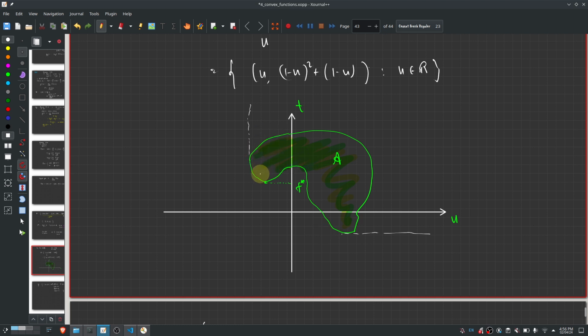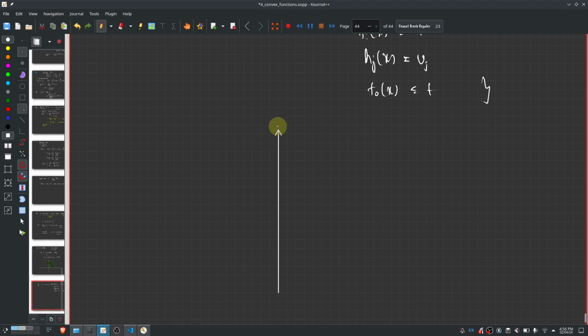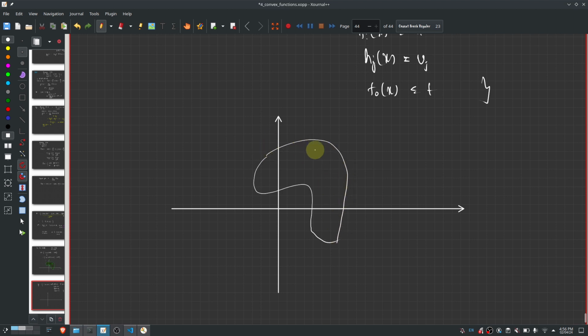If any point is in A, then all points above that point and all points to the right of that point also belong to G. If this is my A, I take any particular point, every point above this is in G and every point to the right of this is in G. So my G will look something like this.